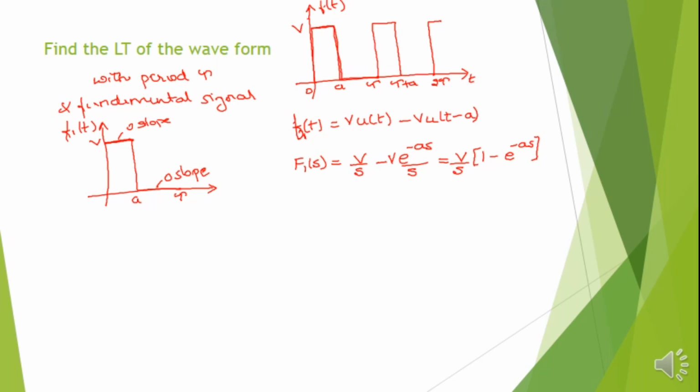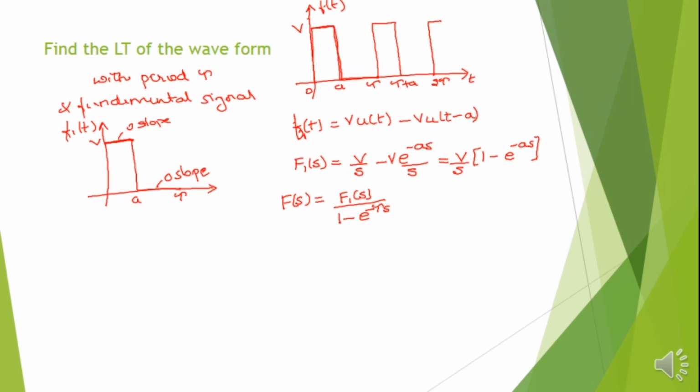But actually we need to find the Laplace transform of this waveform. So F of s, based on the properties of Laplace transform for a periodic signal, is equal to F1 of s divided by 1 minus e to the power minus tau s. Here the period is tau.